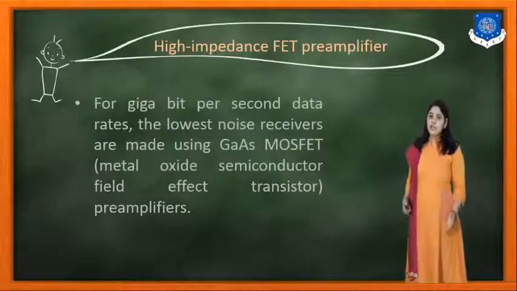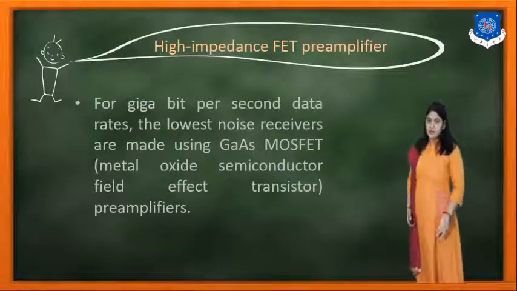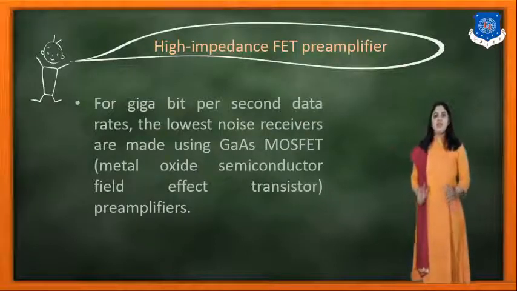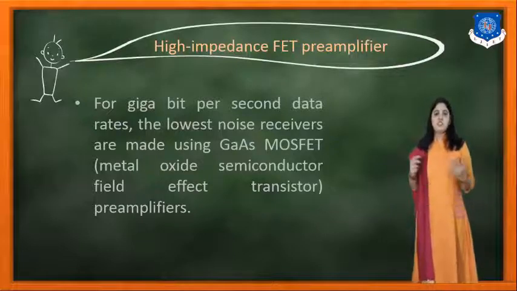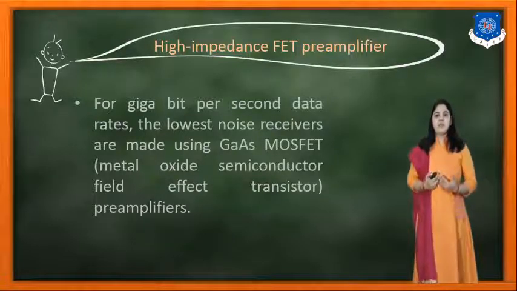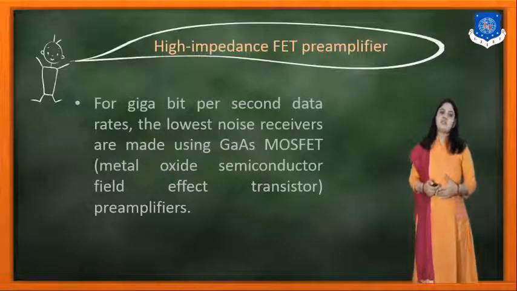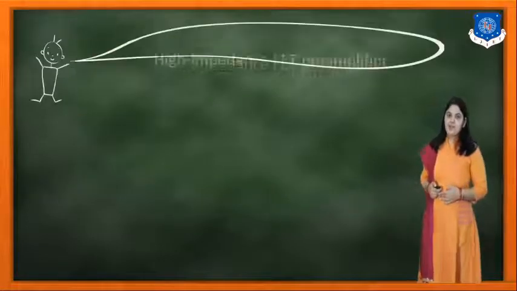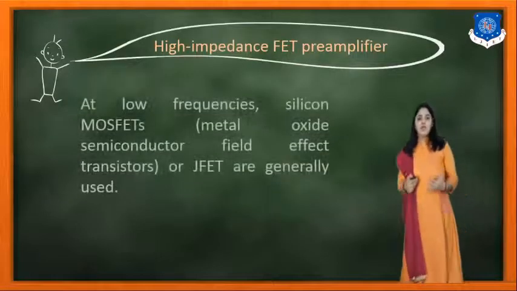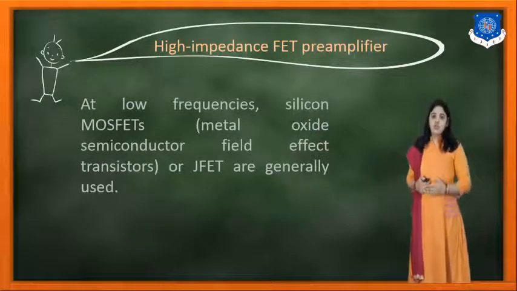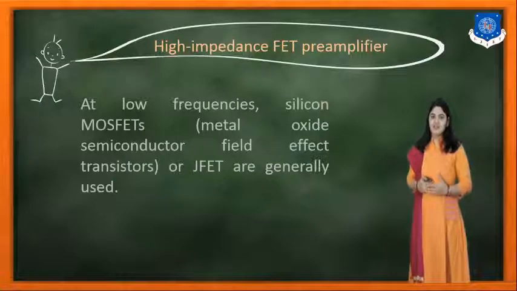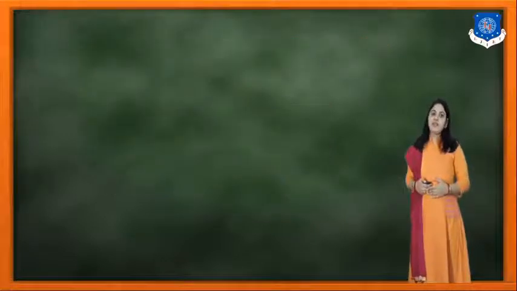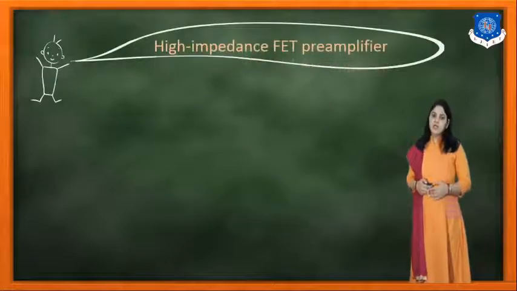So for the gigabit per second data rate, the lowest noise receivers are made using the GaAs MOSFET, which is a metal oxide semiconductor field effect transistor pre-amplifier. At low frequency, silicon MOSFETs or a JFET are used.